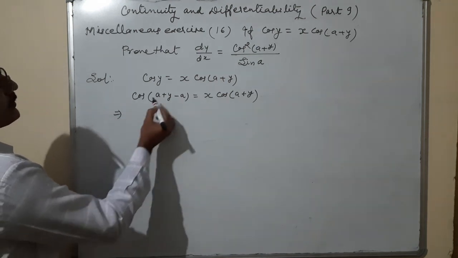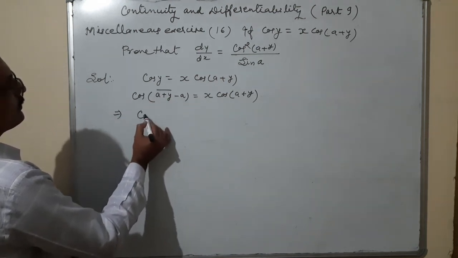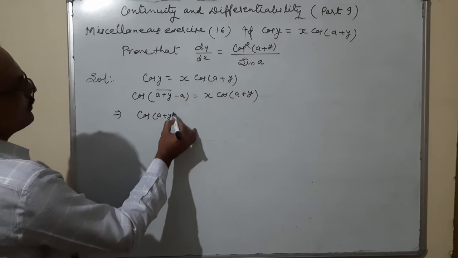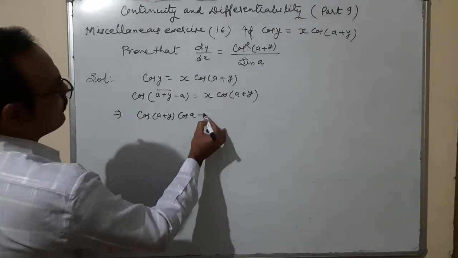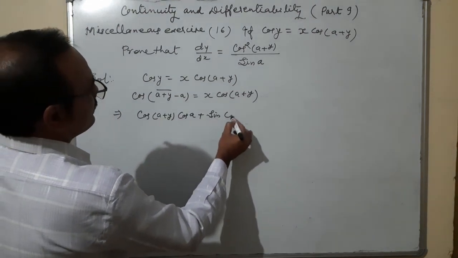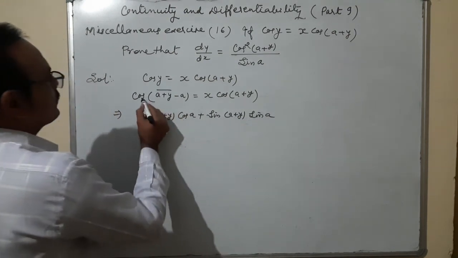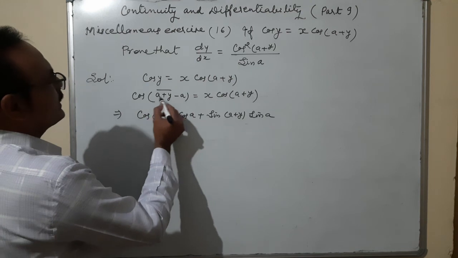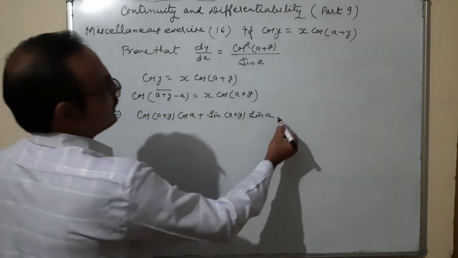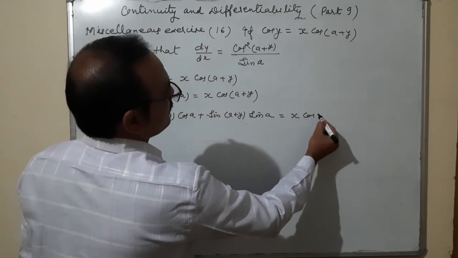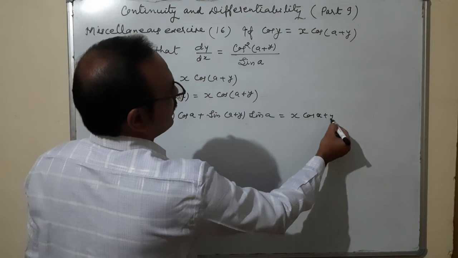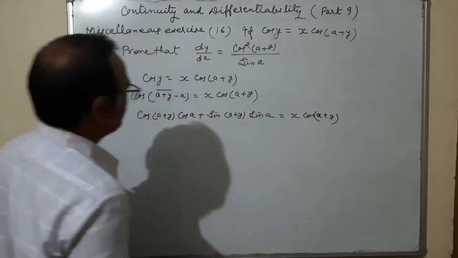So cos a cos b plus sin a sin b is equal to x cos a plus y. Okay.